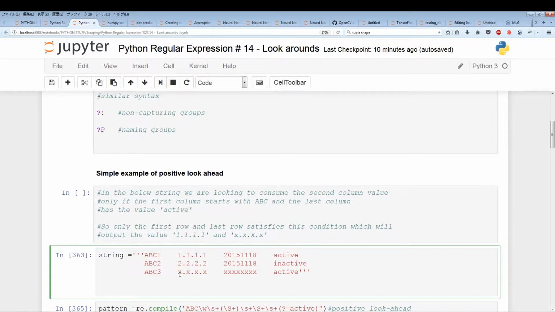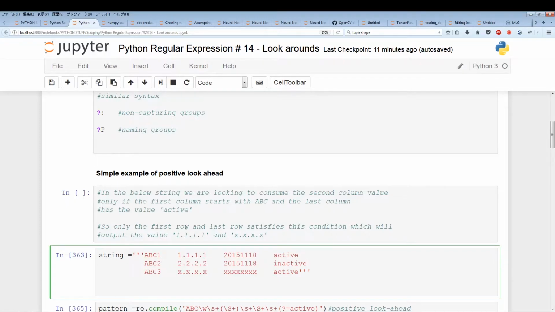So we need to satisfy two different criteria. The first column has to have the word ABC within it, and the last column has to have the word active. Here we have active, and this one's inactive. So we're trying to pull out the second column only if the first column has ABC within it and the last column is active.